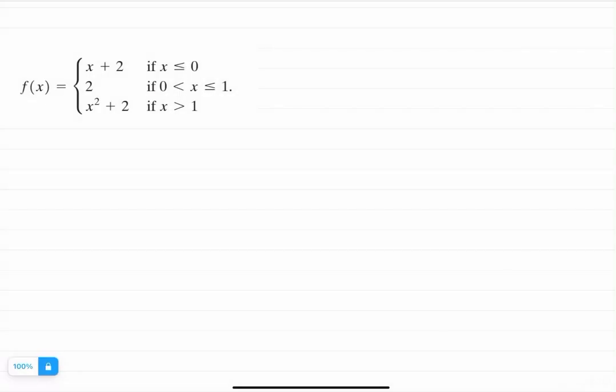In the second example, we have to check if the piecewise function is continuous or not. If I check the first part, x plus 2, we know this is in the form of a linear function. And a linear function is always continuous in its domain. And the second part being a constant function, it is also continuous at every point.